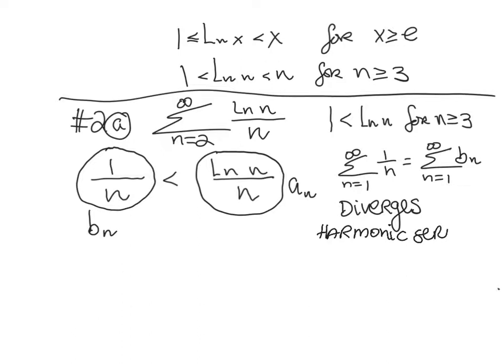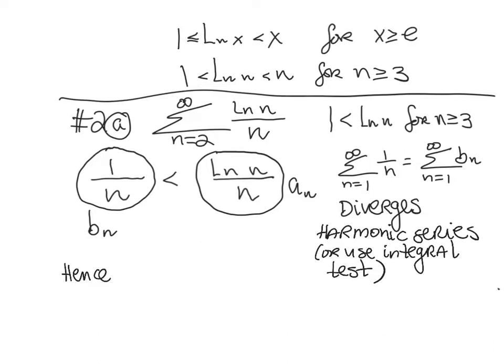And the a sub n series is larger for each n, starting at 3, than b sub n. That means when we sum them up, the a sub n series will be bigger than the b sub n series, but the b sub n series is already infinity. Therefore, the a sub n series must diverge.